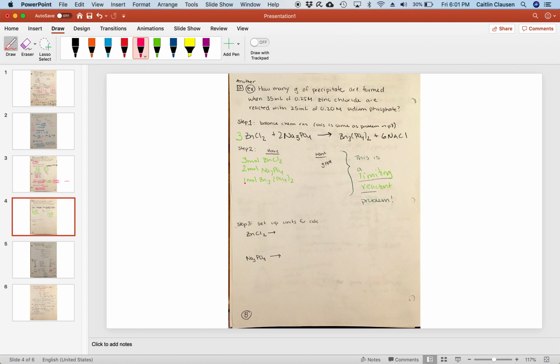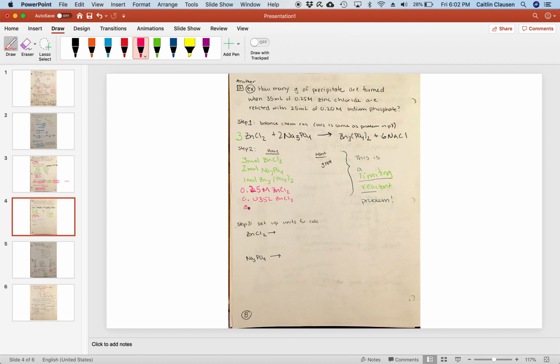We are also given the molarity of zinc chloride, 0.25. We're given the volume, which I converted into liters, just to show you can go back and forth. Just need to make sure you stay consistent with all of the units.